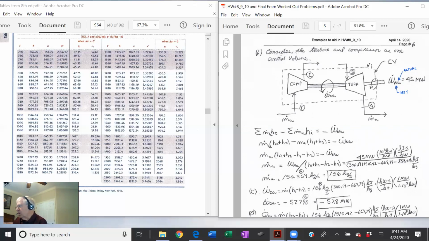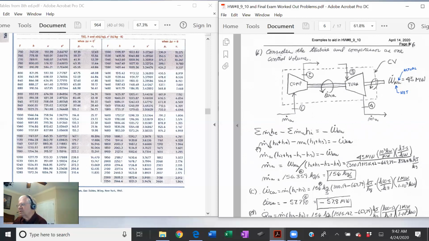So the net work coming out of this thing is this work right here, 45 megawatts. And you got to put this minus. You got to be careful on the signs here. So now just start applying this equation. Even though there's a combustor, a heat exchanger between here and here, the same mass that flows through the compressor flows through the turbine. That makes our life much easier.